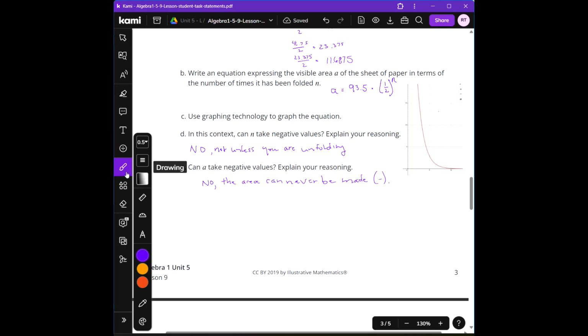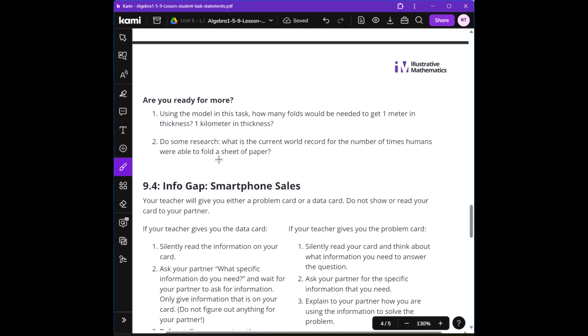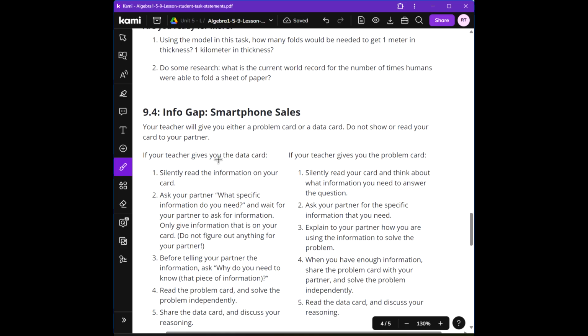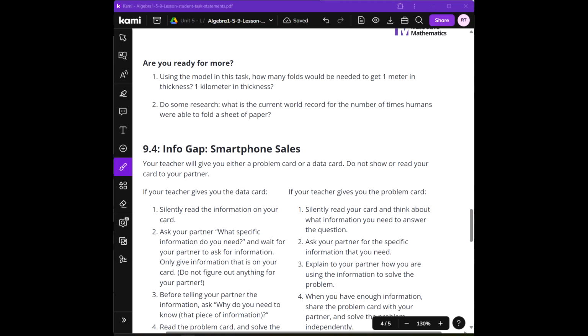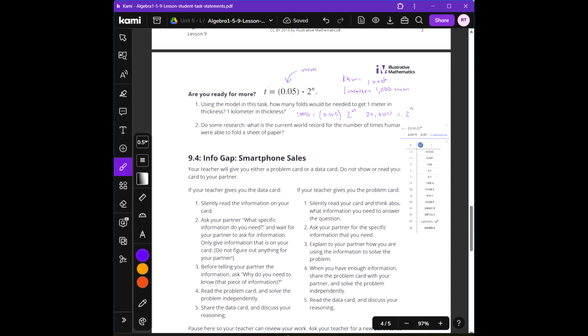Let's look at the next one. Let's look at the, are you ready for more? So what I did here is basically bring down the formula, and I found out that in 1 meter there are 1,000 millimeters, and in 1 kilometer there are 1.0 times 10 to the 6th millimeters.